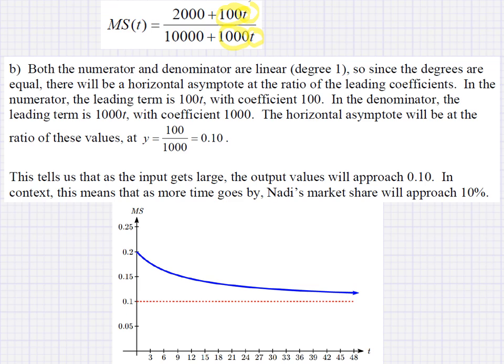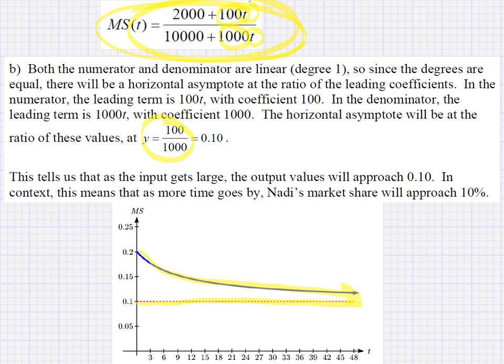So our horizontal asymptote would be 100 divided by 1,000, or 0.1. If we were to graph this function, but really just look at the function versus the horizontal asymptote, we would have a horizontal asymptote here at 0.1. And if we look at the behavior of this market share function in relationship to the horizontal asymptote, it should approach it.